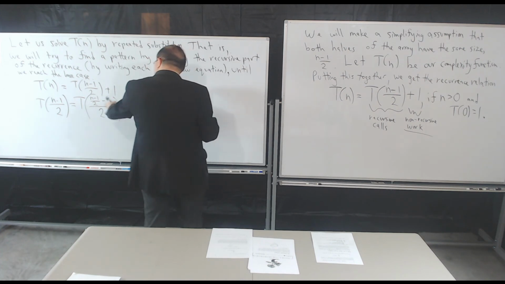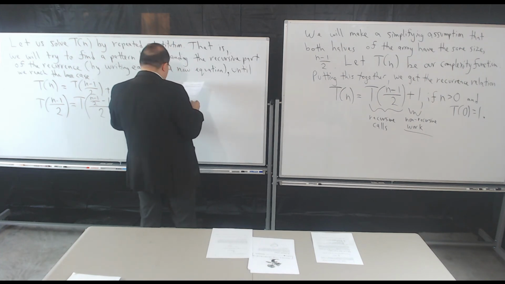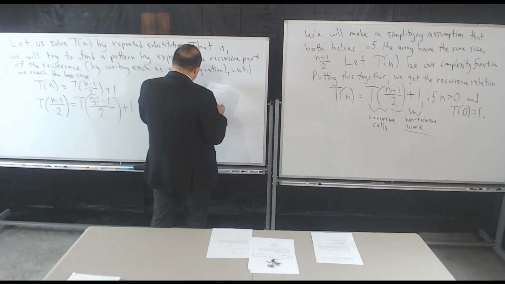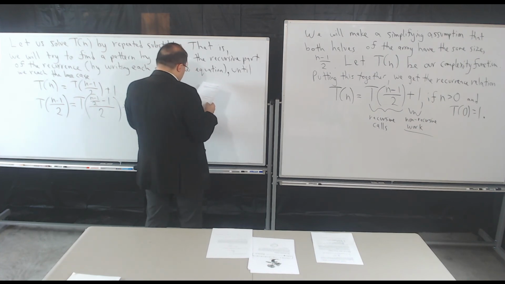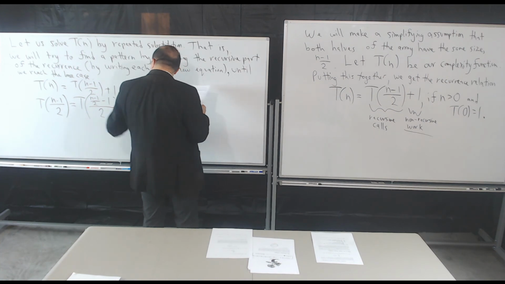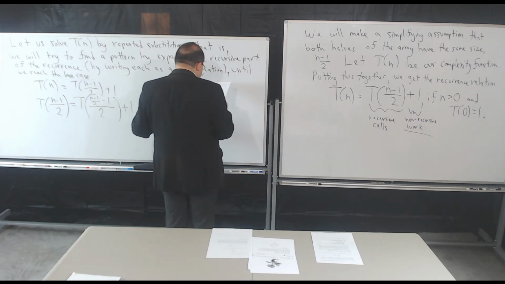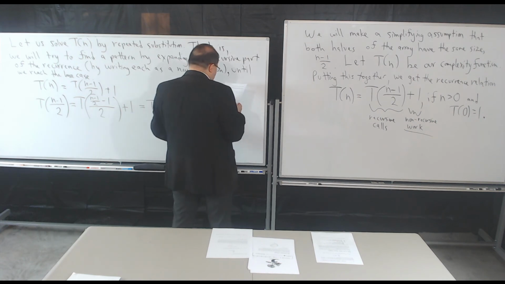Now all I'm going to do is simplify this a little bit, see if I can find a pattern. So this is just t of n minus 1 minus 2 over 2 squared. Notice that I have this extra 2 kicking around and that I can factor nicely.